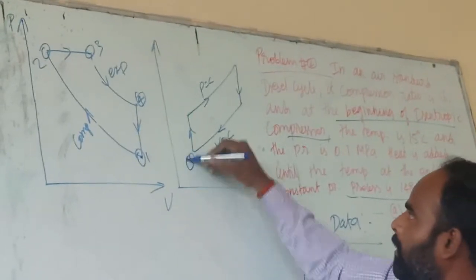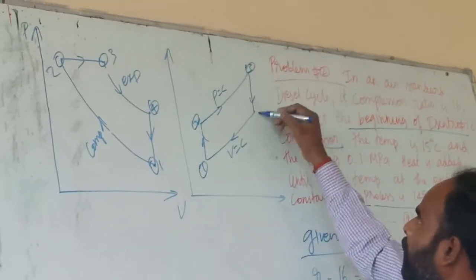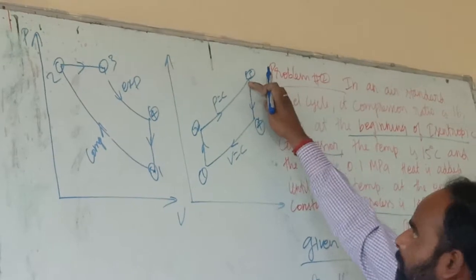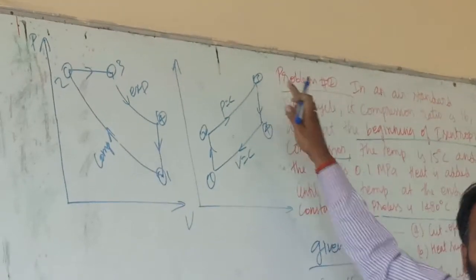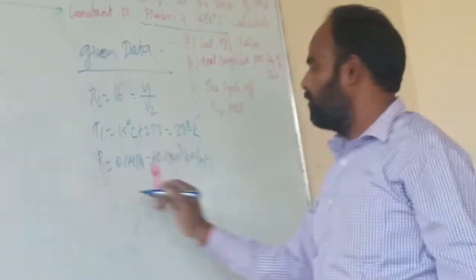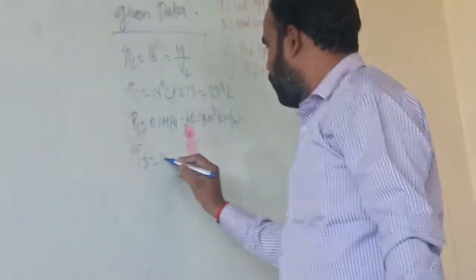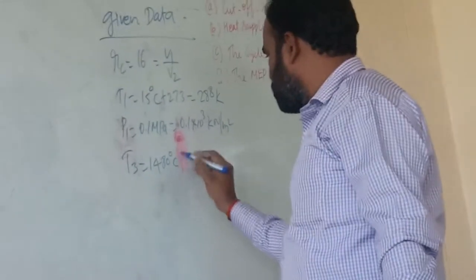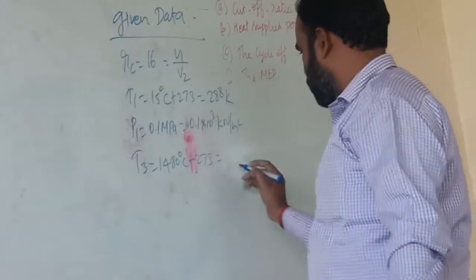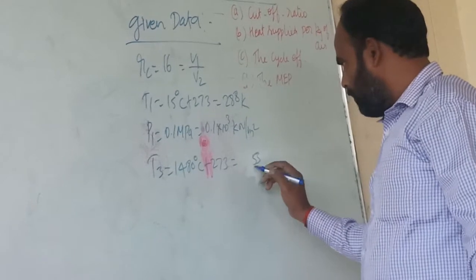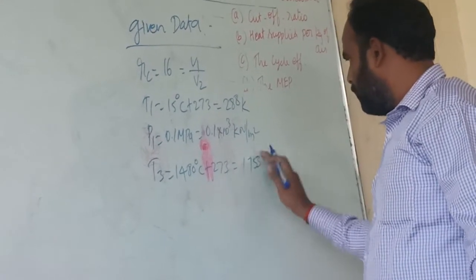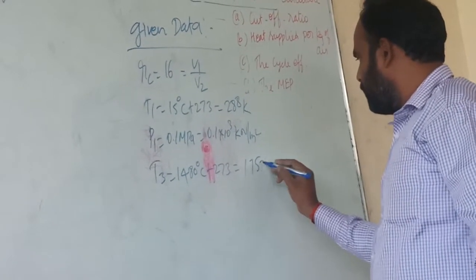This is state 1, 2, 3, 4. This is the end of the constant pressure process. The temperature T3 is equal to 1480 degrees Celsius, so T3 equals 1480 plus 273, which is 1753 Kelvin.